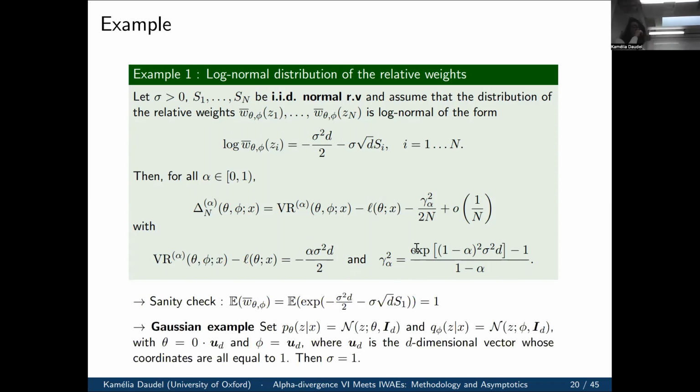Now I'm going to give you an example within an example where I can write the weights under this form.